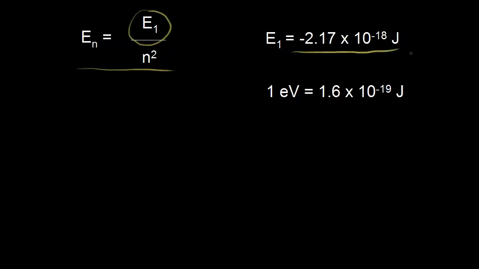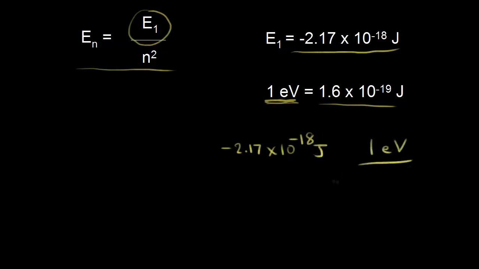joules. And let's go ahead and convert that into electron volts. It just makes the numbers easier to work with. And so 1 electron volt is equal to 1.6 times 10 to the negative 19 joules. So if I take negative 2.17 times 10 to the negative 18 joules, I know that for every 1 electron volt, right, 1 electron volt is equal to 1.6 times 10 to the negative 19 joules.